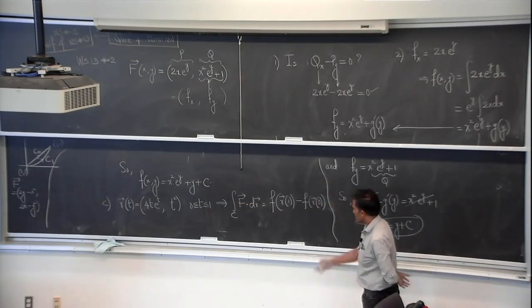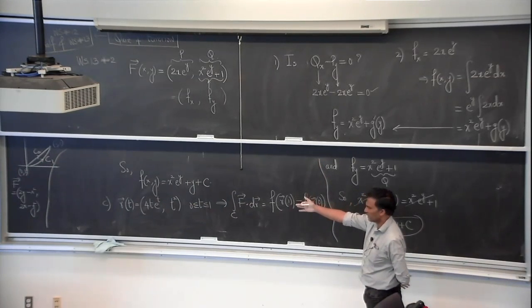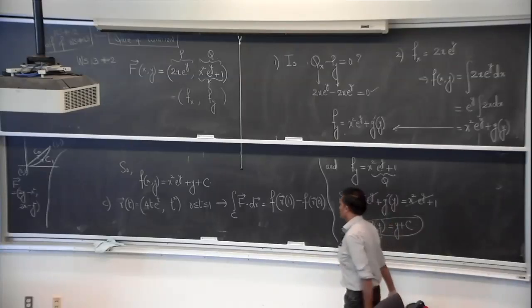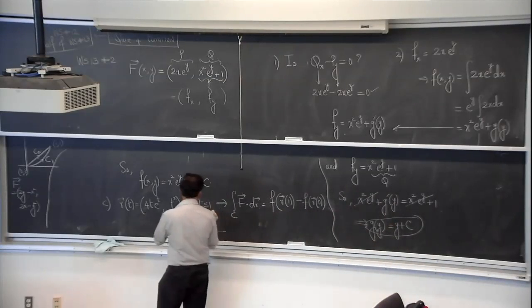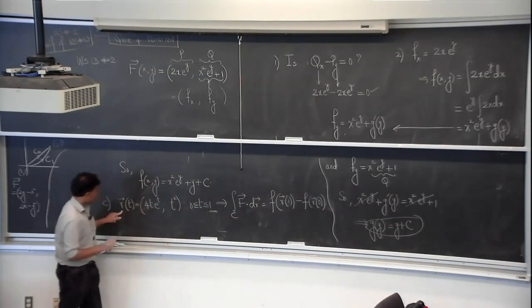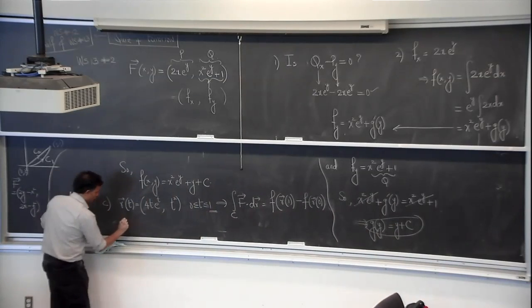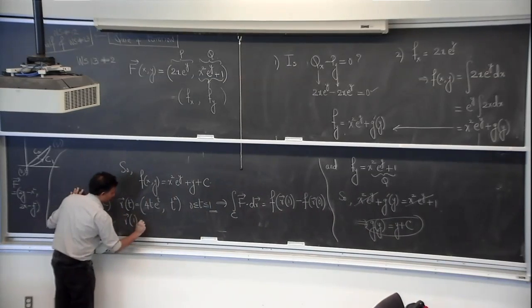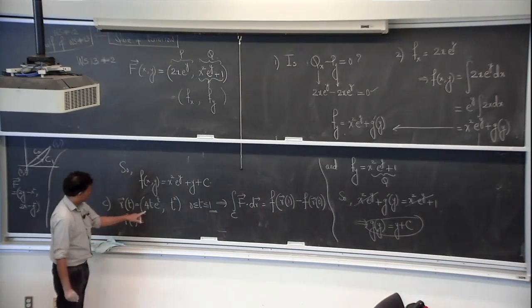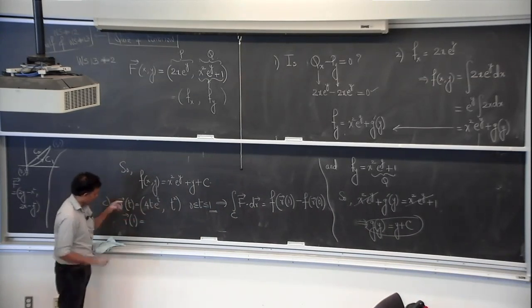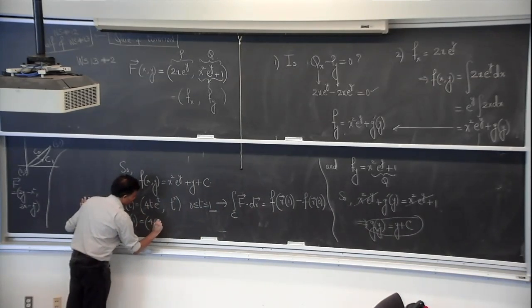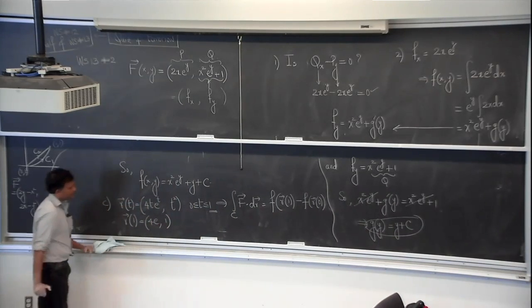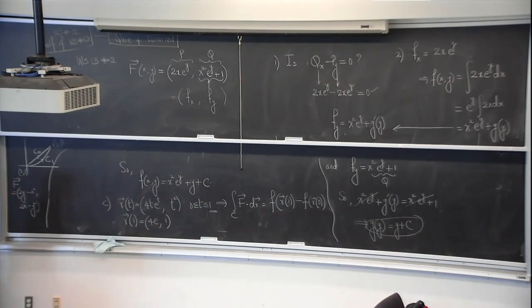I have very little interest in knowing what kind of shape that curve has got. f of r of 1 is the final point because this is the curve that defines it. So r of 1, you plug in t equal to 1, this will give you 4e and 1. Four times 1 times e, 1 square.